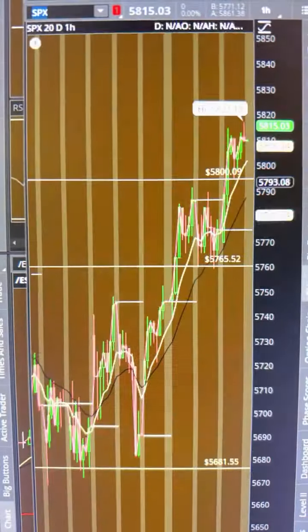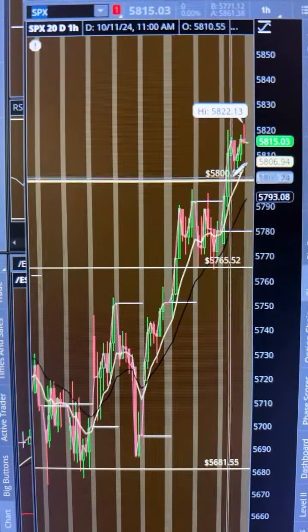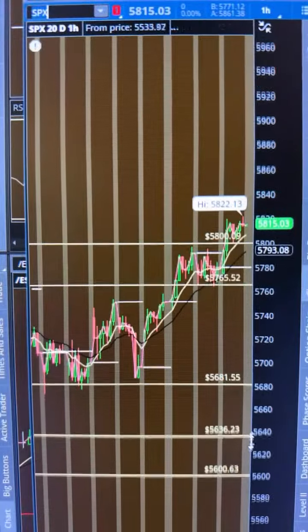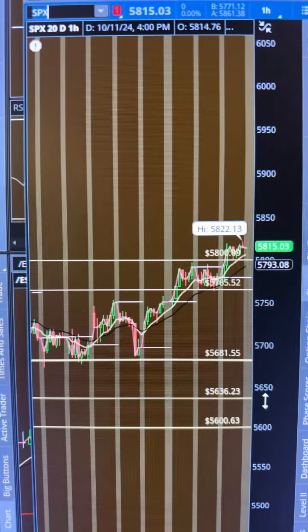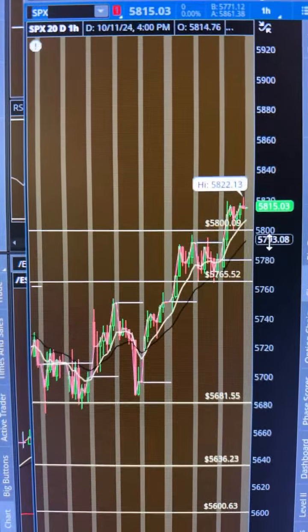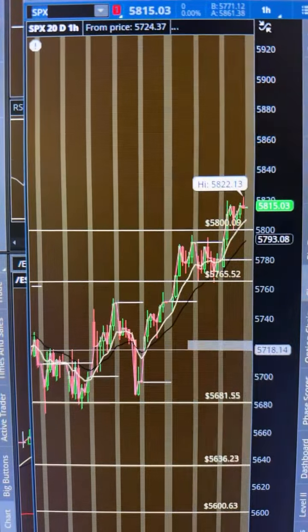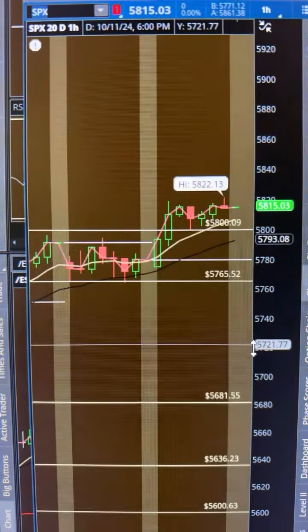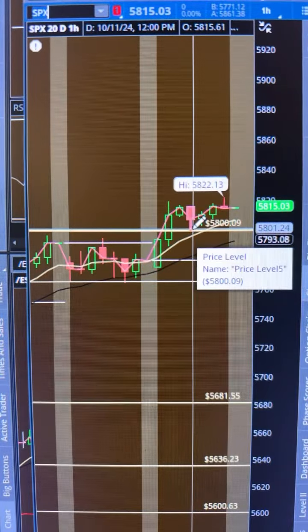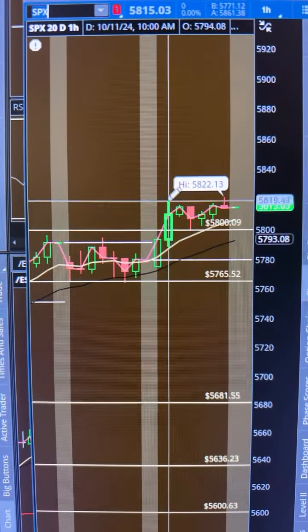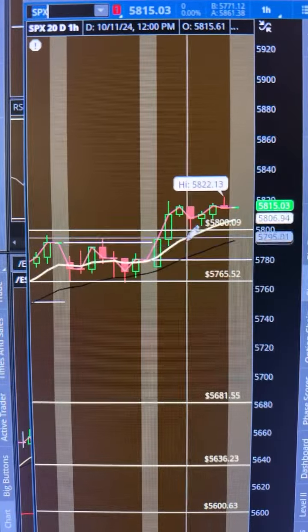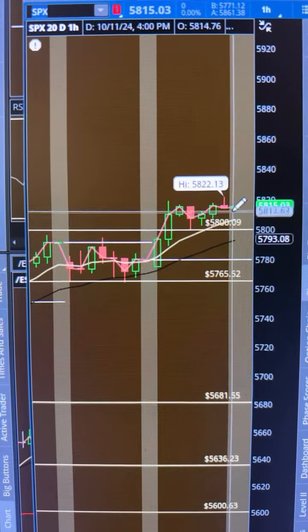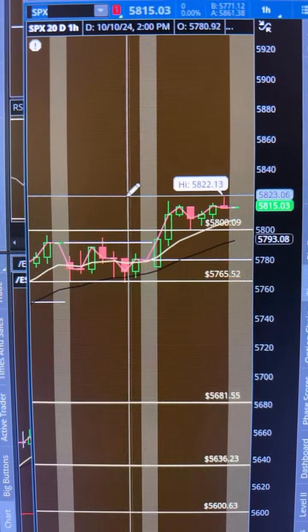SPX. We really haven't created any new levels, so I feel like our previous ones are still solid. For those that were in the Instagram Live and YouTube Live on Friday, you know that the 5,800 area was my bounce level. We came back and hit it. If you took this trade, congratulations. A big move up, a big payday.